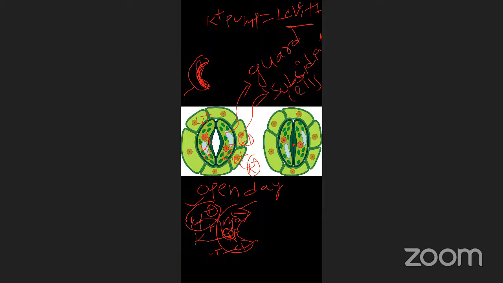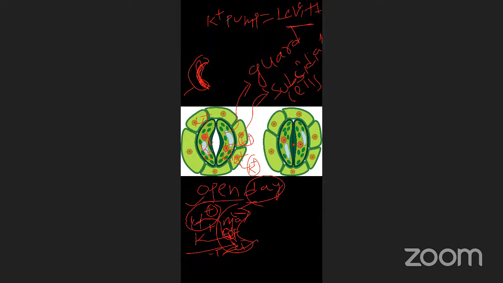That's why, based on water potential, water moves from the subsidiary cell to the guard cell. As a result, stomata open. This is done during daytime.